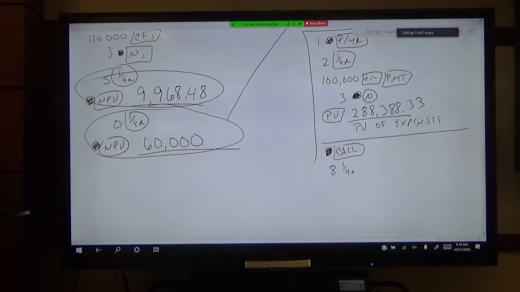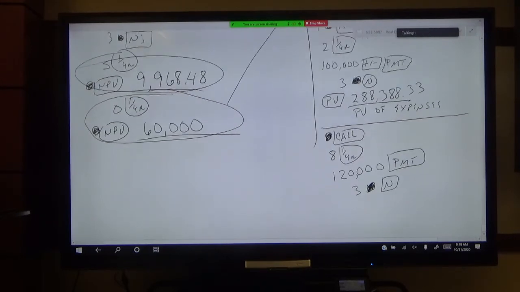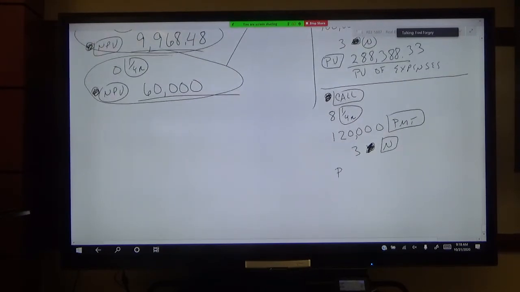And we're going to be receiving, whoops, not 150, 120,000 as a payment, and we're going to receive that for 3 times, or 3 months. And then we're going to solve for present value.